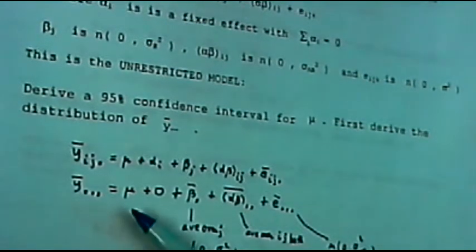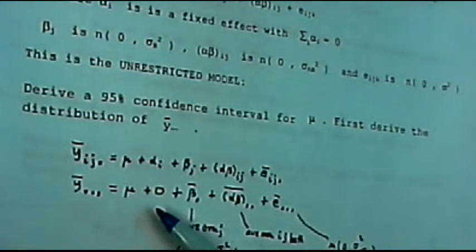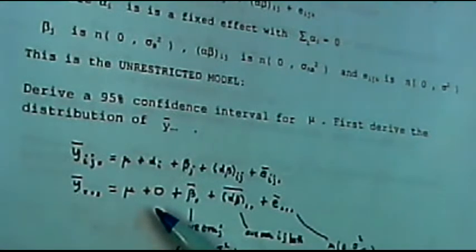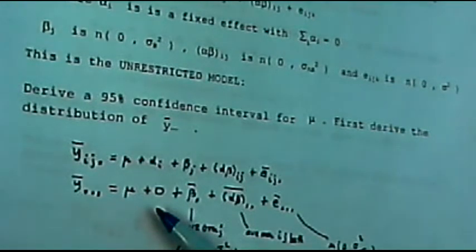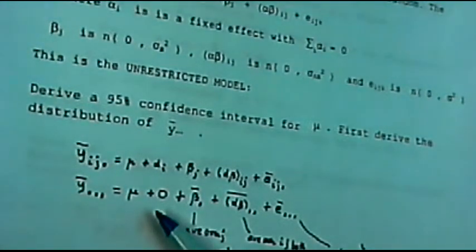So I said, let's go all the way and average over i, j, and k and get this. So I'm going to pull up a mu again, but I'm going to get a 0 in place of the alpha i's because somewhere in those sums I'm summing on i, and the sum on i of the alpha i's is 0. So I drop out the alpha i's.